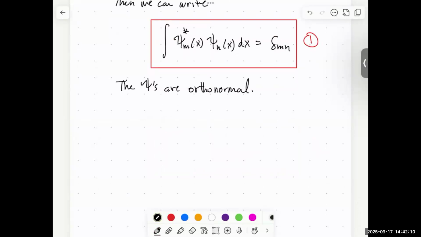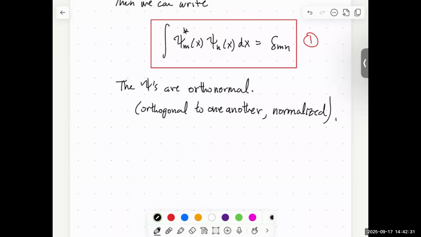That means they are orthogonal to one another, and they are normalized.